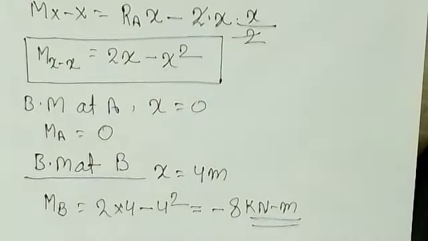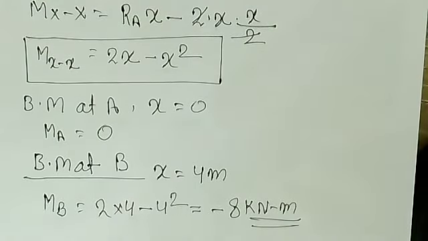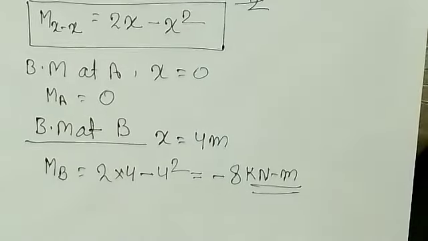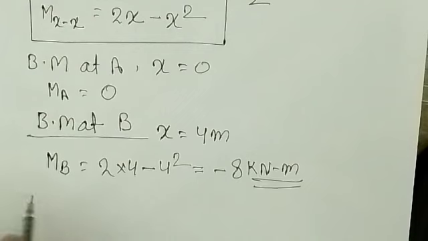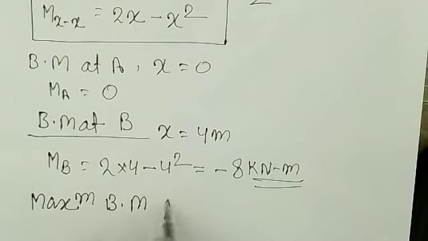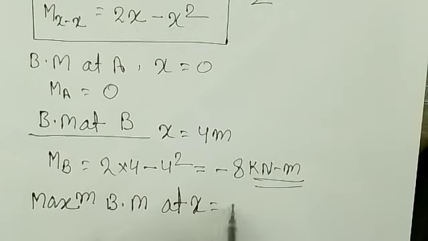Right? Now, one position you have located where the shear force becomes 0 in this question. That is, the shear force is becoming 0 between A to B at a distance of 1 meter from A. So now you need to find the maximum bending moment, right? So here you can say the maximum bending moment is at X is equal to 1 meter. Why?